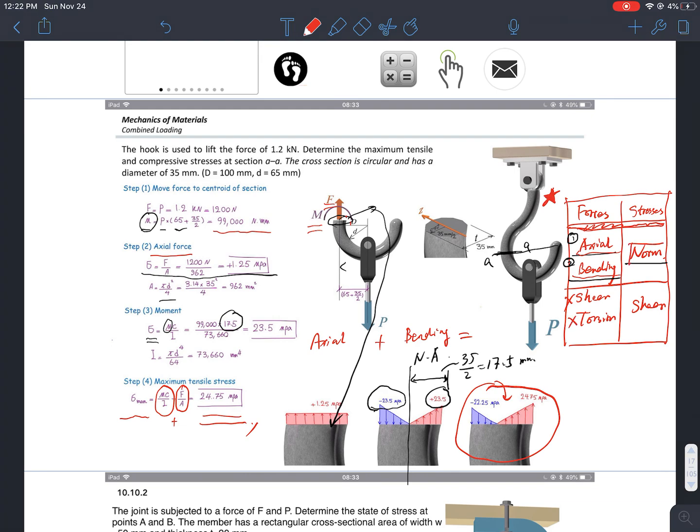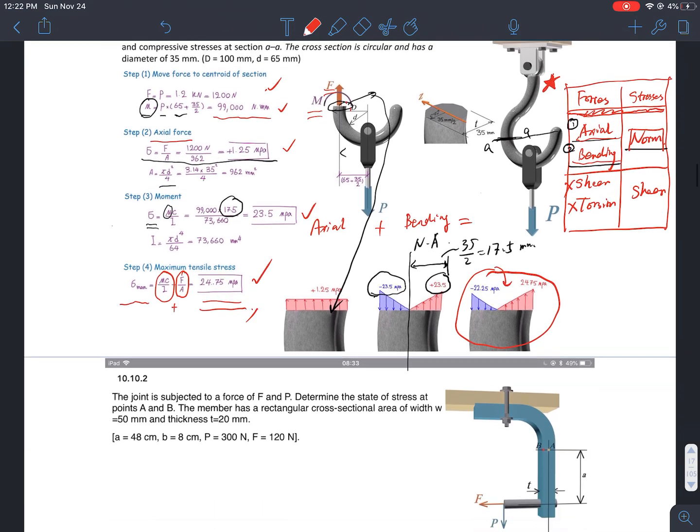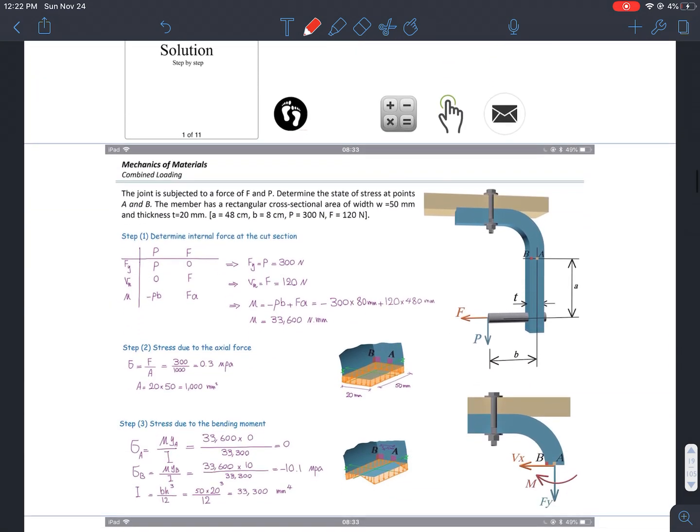So in this case, we just have to worry about the normal stresses generated by the axial force and bending moment. We find the axial force and bending moment, calculate the normal stress generated by axial force, calculate the normal stress generated by moment, and sum them together to get the final stress state. That is how we're going to do it.